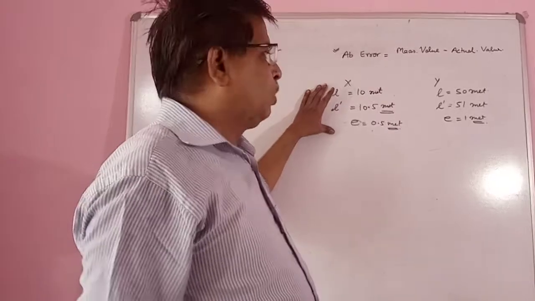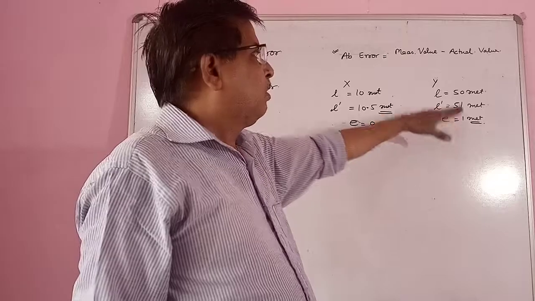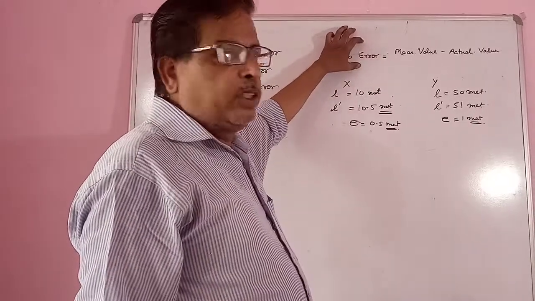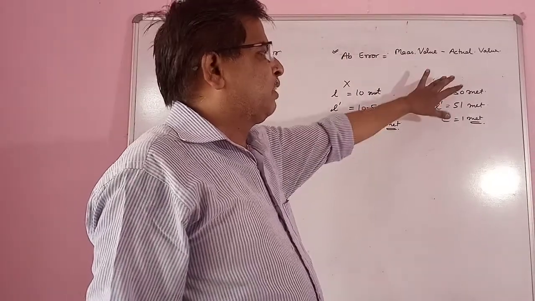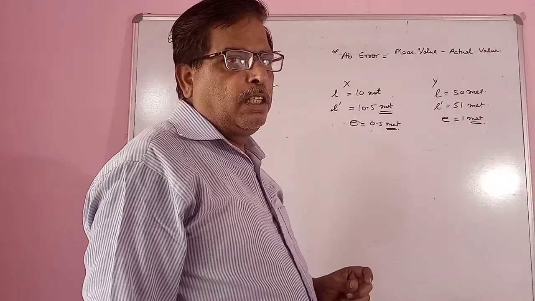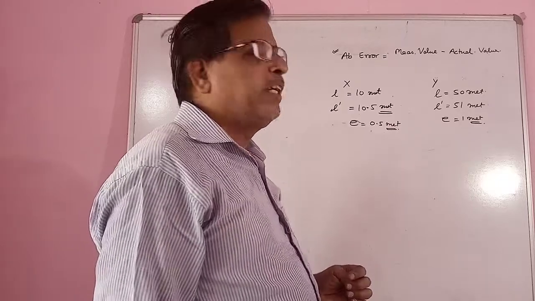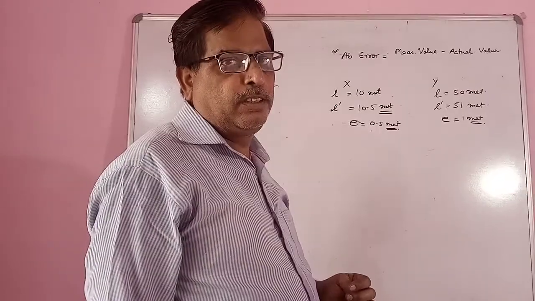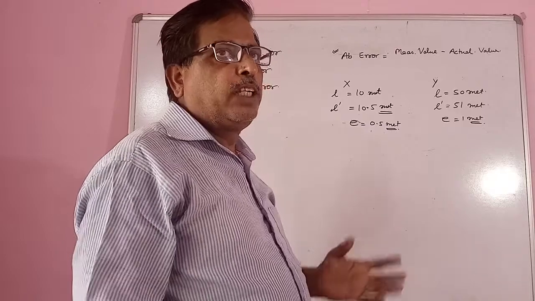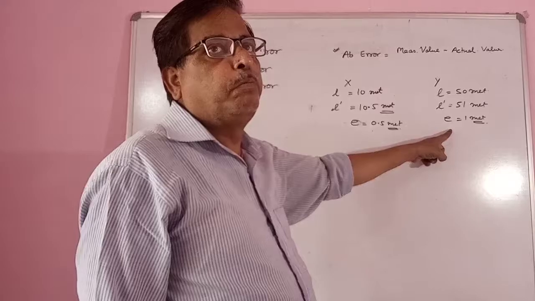Which error is more? Obviously, this 1 meter is more. According to absolute error, person Y is making the larger error. But in general, which measurement is better?